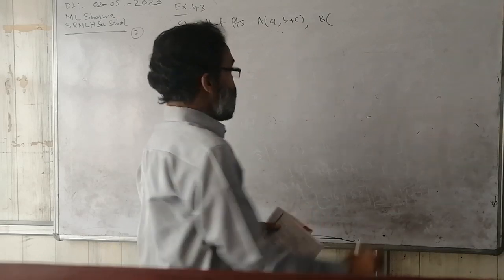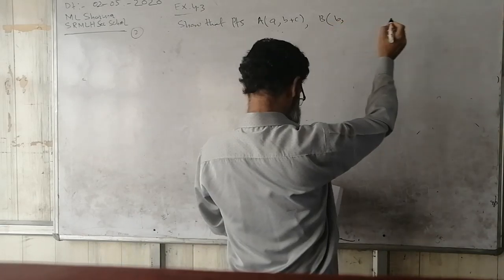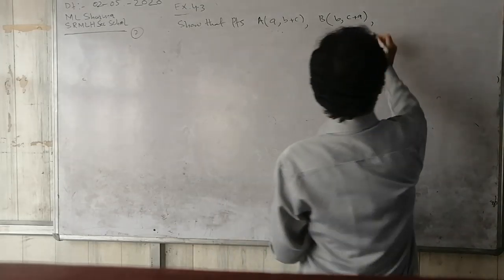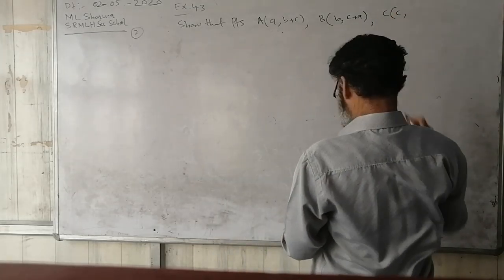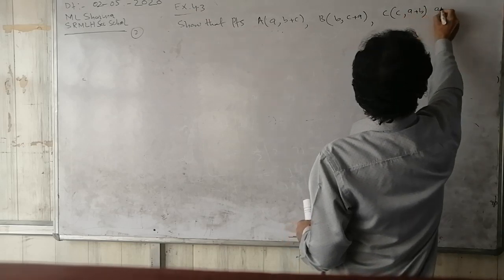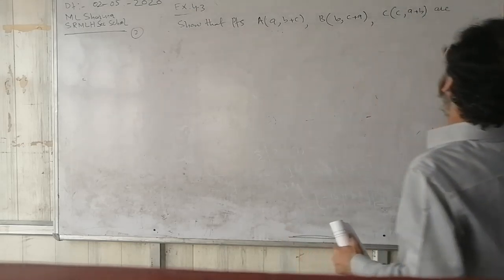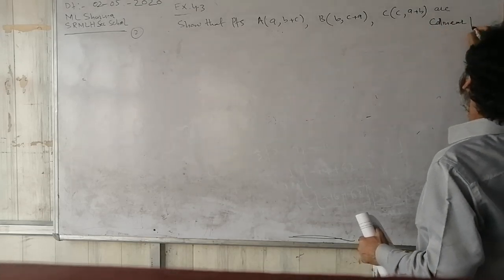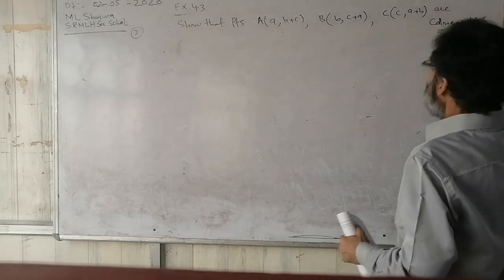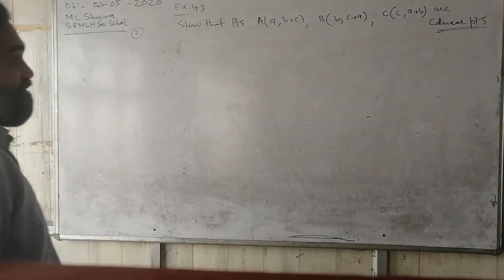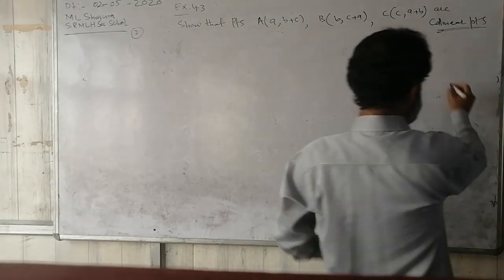The second point is (b, c plus a), and the third point (c, a plus b). Prove that these are collinear. Collinear means these points lie on a straight line.